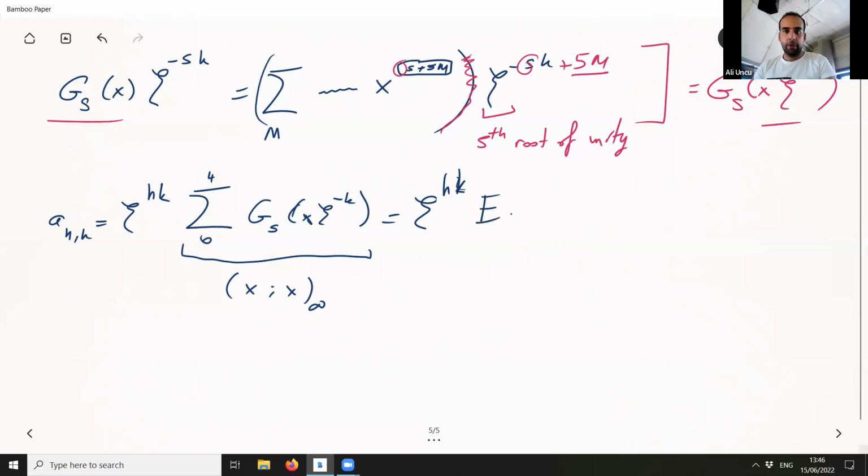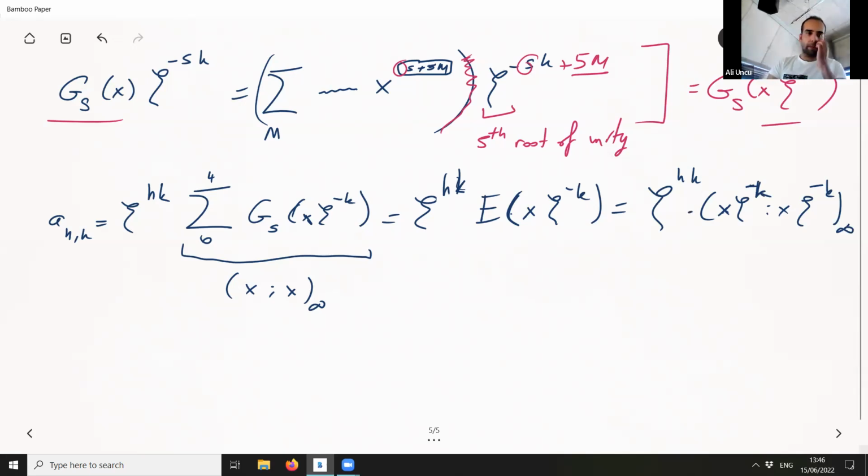So E of x zeta minus k, or in terms that we remember, so hk x zeta minus k, comma x zeta minus k sub infinity. So we now have a full infinite product for this A_hk case. Cool.